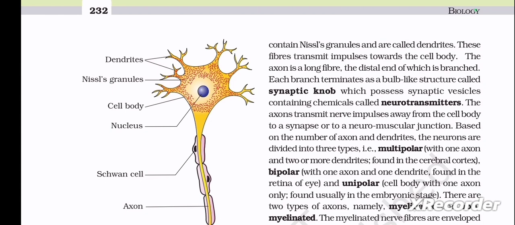Based on the number of axon and dendrites, the neurons are divided into three types, that is multipolar with one axon and two or more dendrites found in the cerebral cortex, bipolar with one axon and one dendrite found in the retina of eye, and unipolar, cell body with one axon only, found usually in embryonic stage.